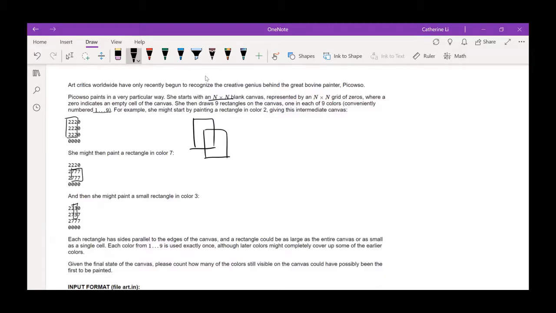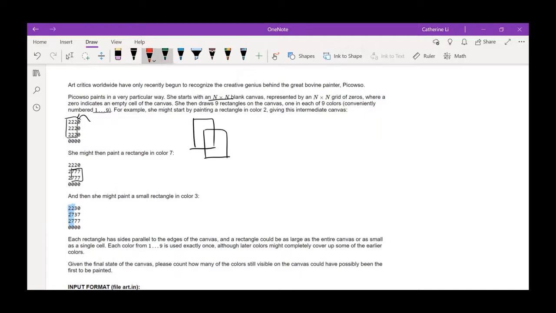So we want as few overlaps as possible, which means that we're just going to assume the smallest possible rectangle for each color. Like if we look at these twos, there's 4 of them, the smallest possible rectangle that could have been painted of twos was this. But you see that this was actually what was painted, but we don't really care about that.